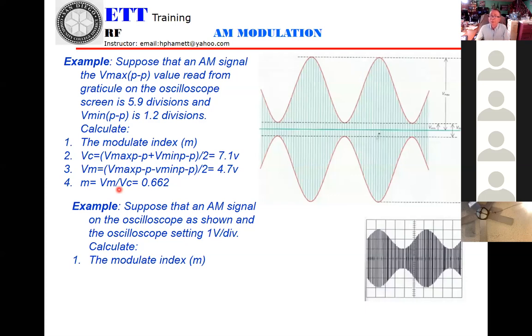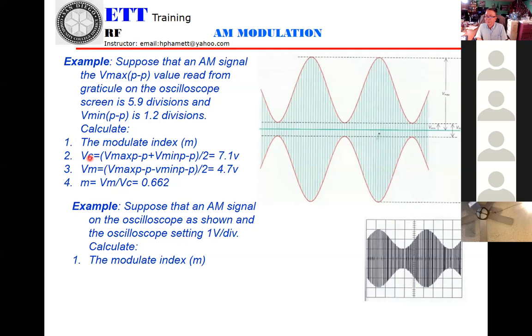Okay, now, first thing, calculate that for me. What does V carrier Vc equal? I got 1.5, Mr. Pham. Yeah, but that is not the way. You calculate number 2. Count that first.